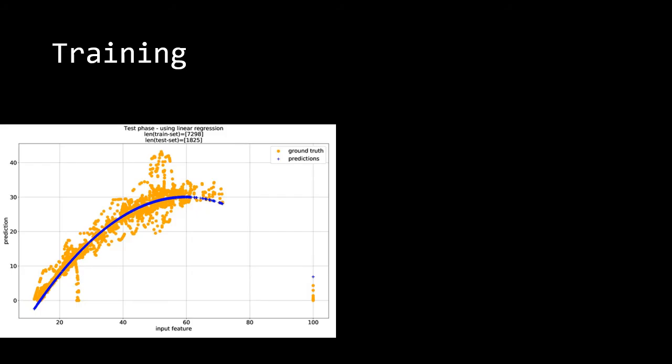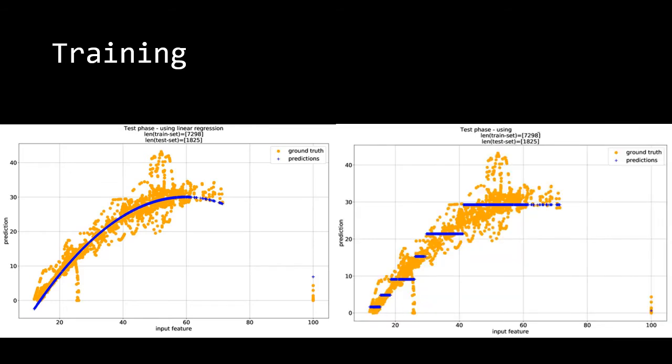All right, for the training, I used a regressor. In this case, it was a linear regressor with a polynomial of degree 2, so you can see a nice parabola over there. I was quite happy with the fitting, so I said that was enough. I also tried a decision tree regressor with depth 3.